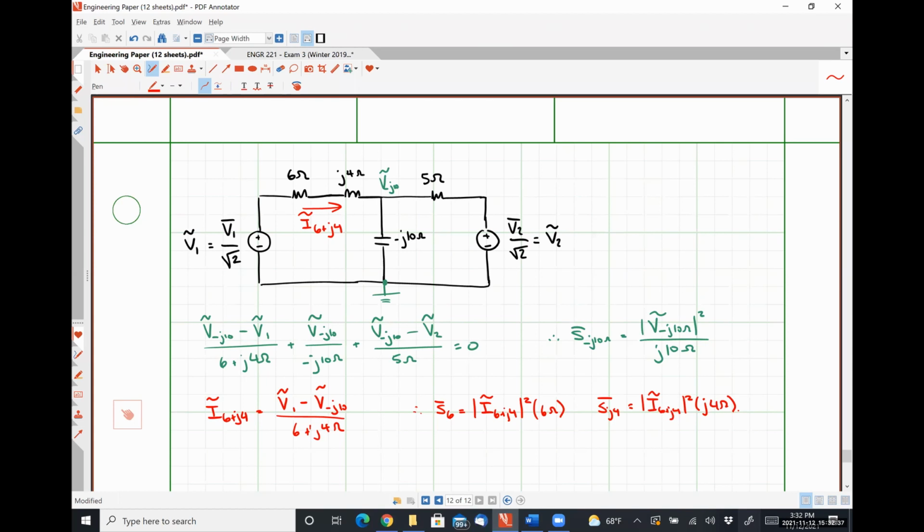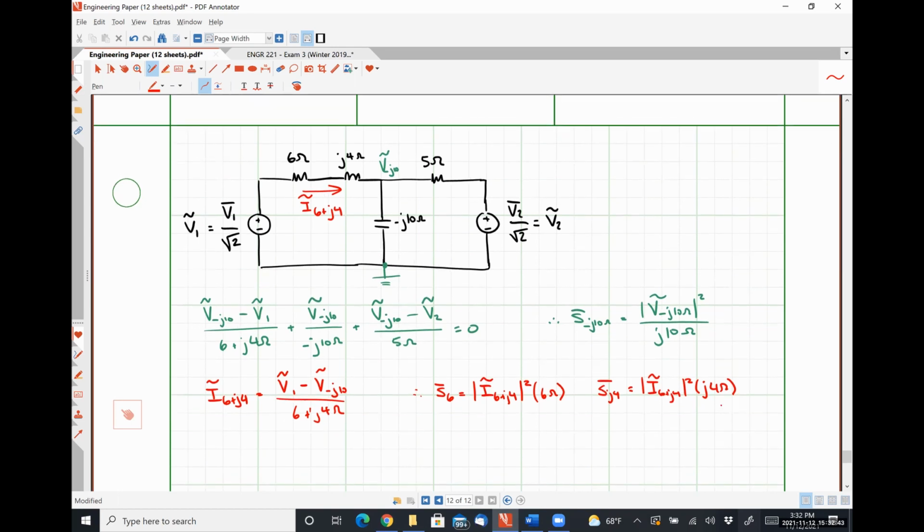Am I asked to find the complex power absorbed by my sources? All right, so let's take care of that one too while we're at it. So obviously, the power absorbed by my sources. Well, actually, no, hold on. We'll come back to the sources in a minute. We'll do that next. So let's call this guy I5.